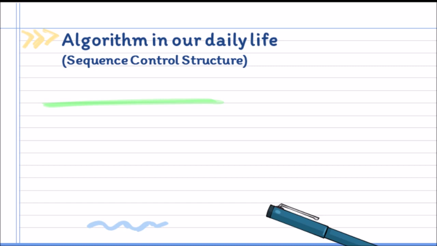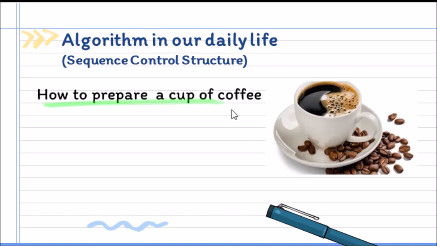This is an example of an algorithm in our daily life that relates with sequence control structure. How to prepare a cup of coffee? Maybe some of you still do not know how to prepare coffee. Here I share with you the step-by-step instruction in sequence order to prepare a cup of coffee.